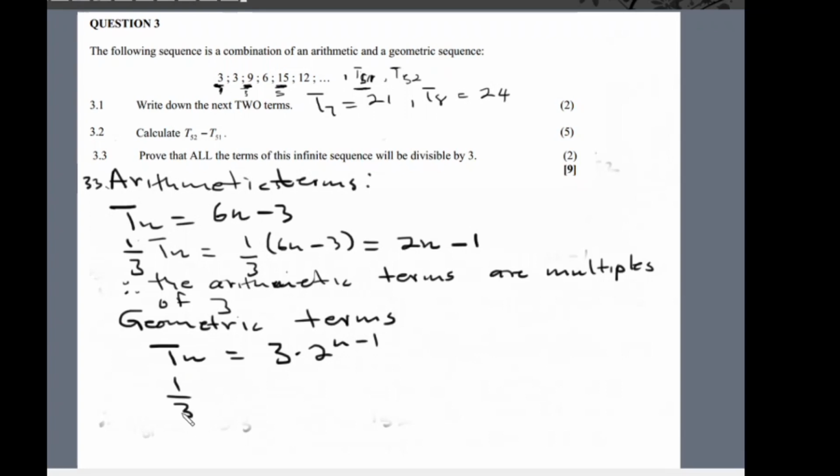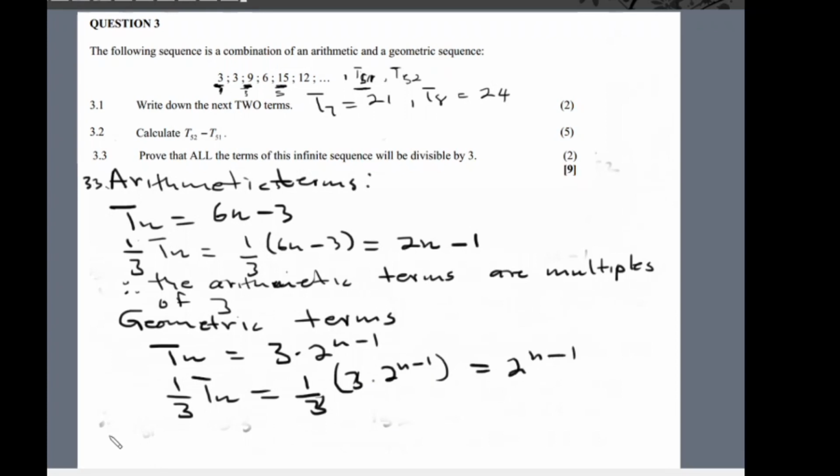Now when you divide this by 3, so 1 over 3, this 3 will cancel that 3 and you will be left with 2 to the power n minus 1.